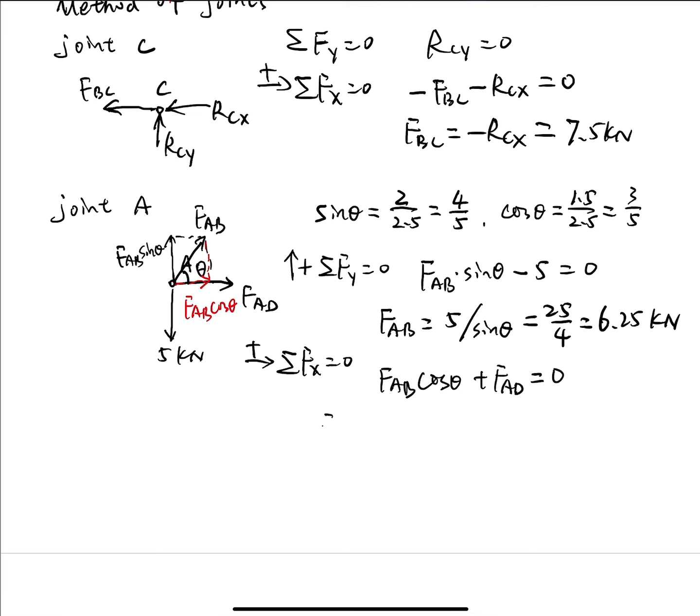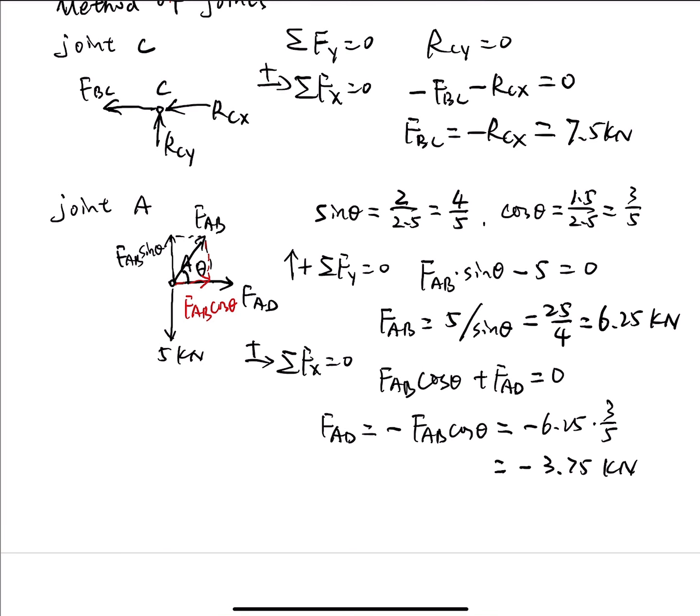Then we can calculate FAD equal to negative FAB cosine theta, equal to negative 6.25 kilonewton times 3/5. From this we can calculate the result using a calculator. We have negative 3.75 kilonewton. Okay, this is member force AD.